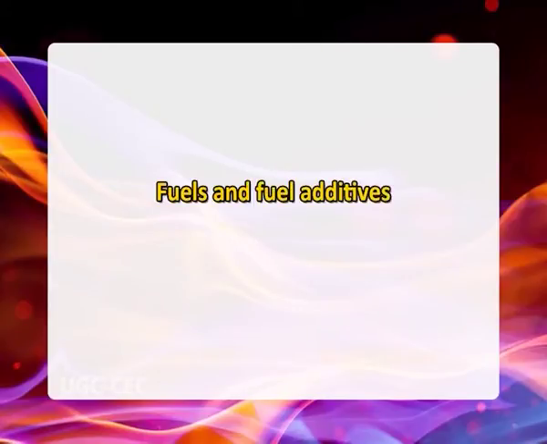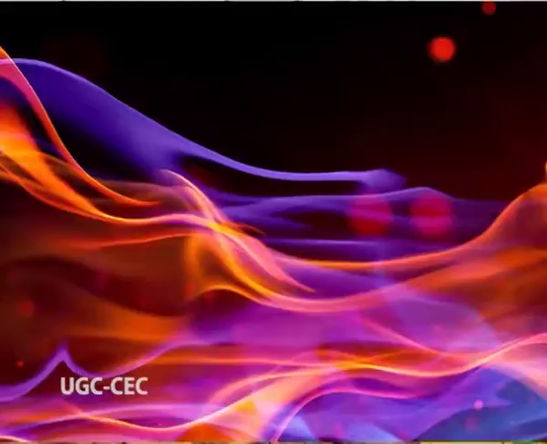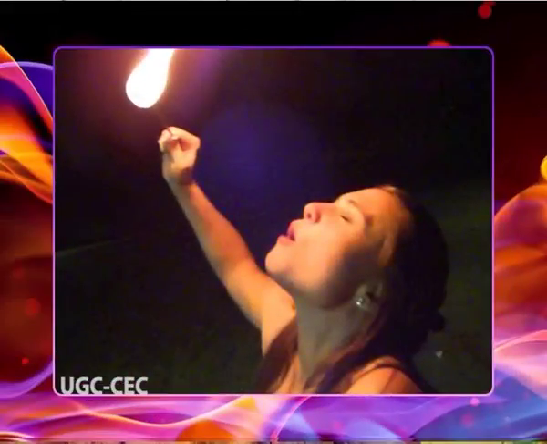Now the fuels and fuel additives. A fuel is a substance that may be burned in air or any other oxygen-containing substance. That is, it reacts so quickly with oxygen that heat and light are emitted in the form of a sustained flame.